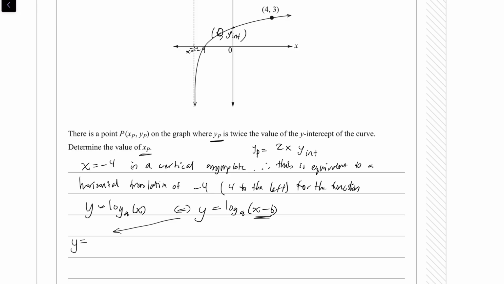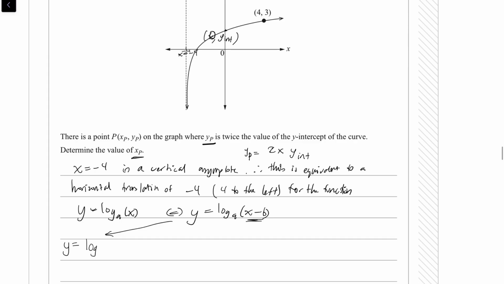Okay, so y equals log base a x minus -4. So that's the key thing there, and therefore y equals log base a x plus 4.